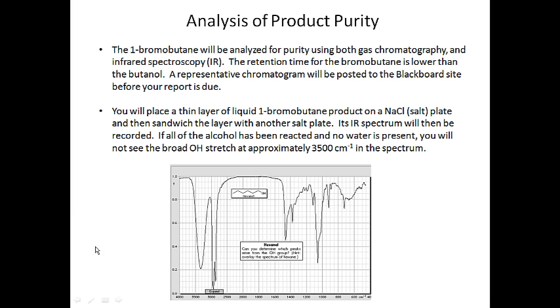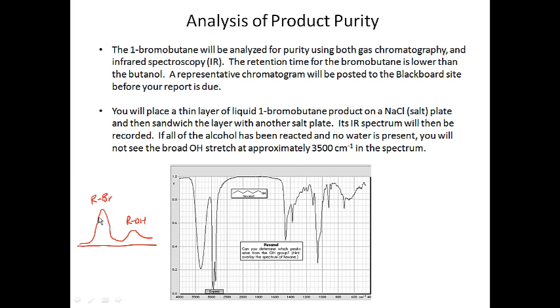Now, in terms of the GC trace, I won't know exactly what the retention times are until I actually set the instrument up. But generally, the alkyl halide has a lower boiling point than the alcohol does.